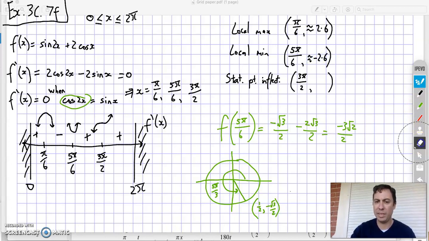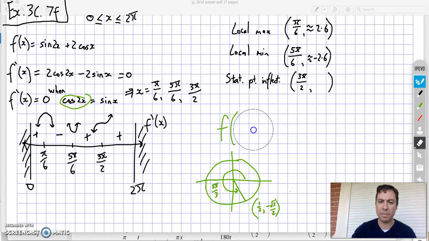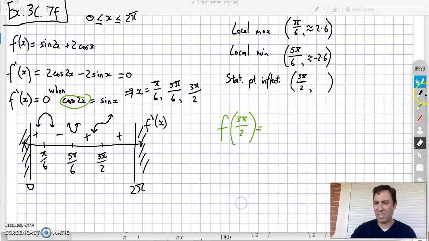The last one we need to think about is, what does our function give us when we put in 3 pi on 2? Start with the sine of 2x. 2 times 3 pi on 2 is 3 pi.